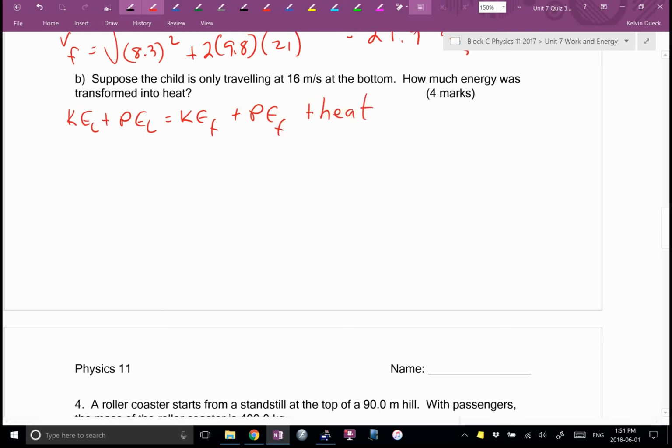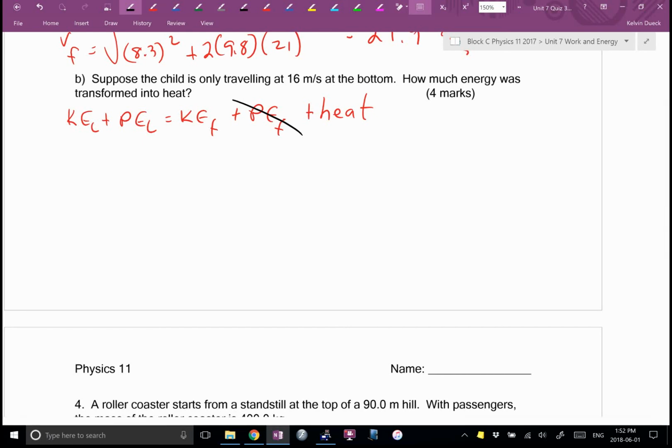We can still safely say that potential final is 0, because mgh there is 0. How would I get the heat by itself? How would I move this KE final over? Divide or subtract? Subtract.